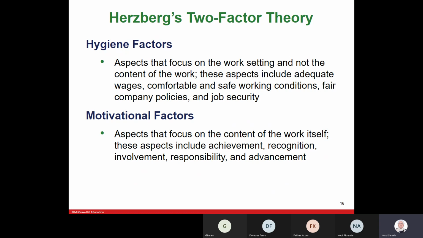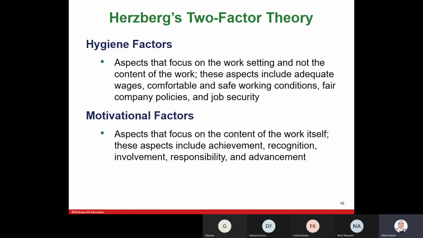Like what? These factors. He said that we have one set of factors that focuses on the work settings. Work settings. يعني ايه work settings؟ عارفين اعدادات الموبايل؟ احنا عندنا اعدادات الشغل برضو.